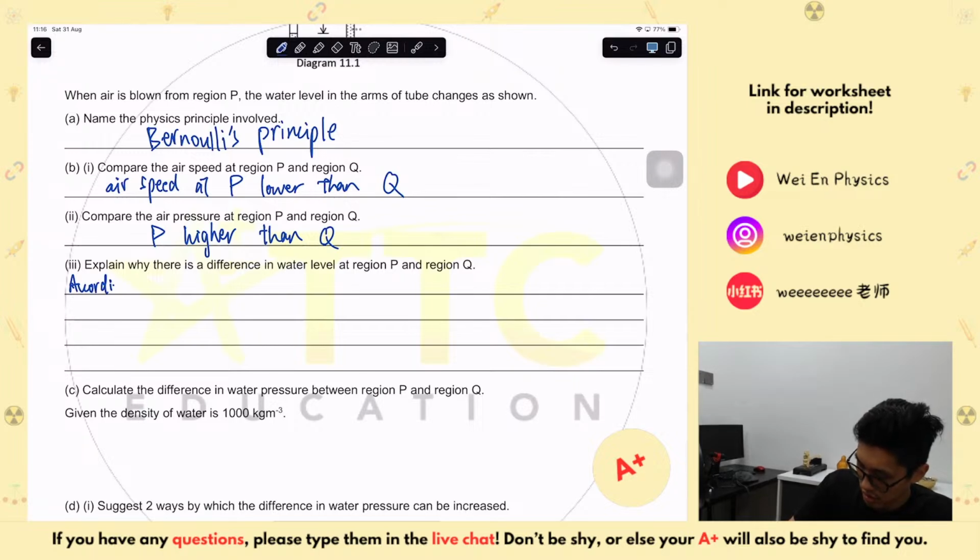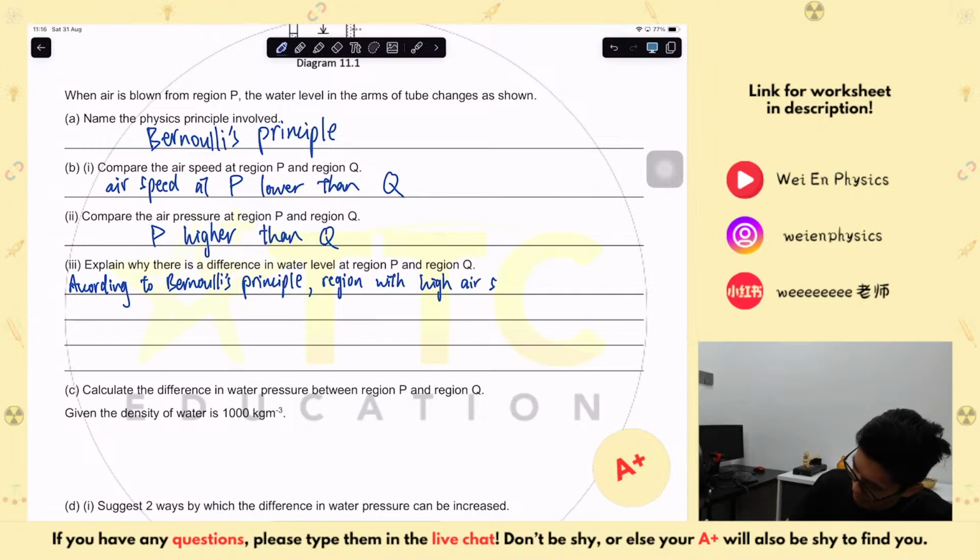According to Bernoulli's principle, regions with high airspeed have lower pressure, and vice versa.